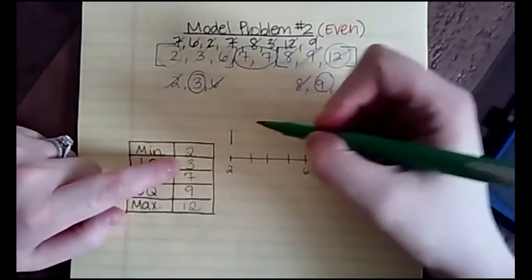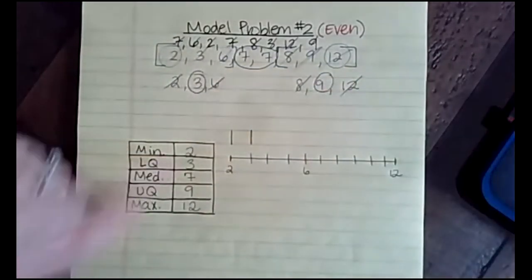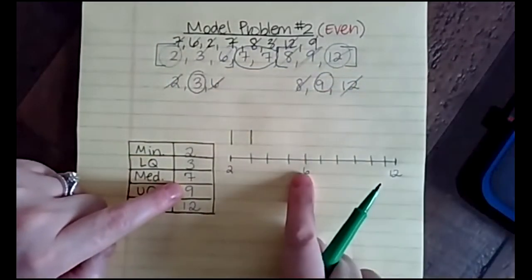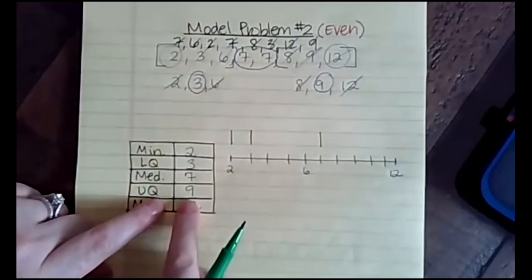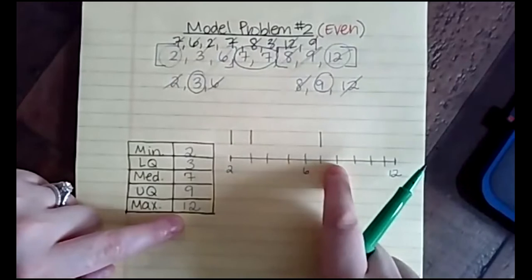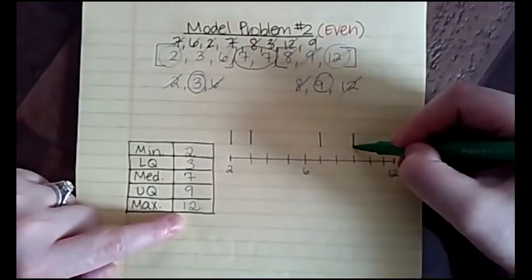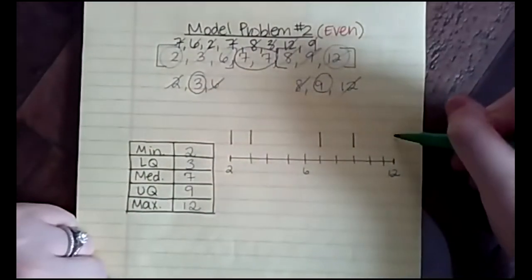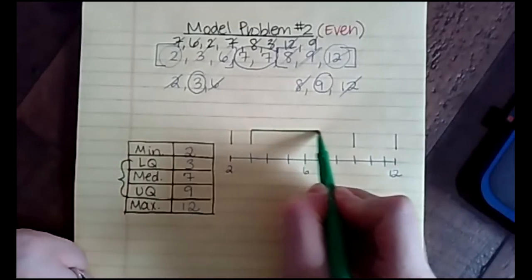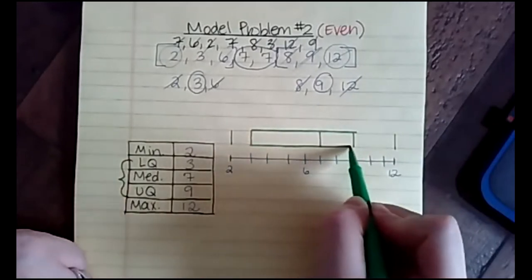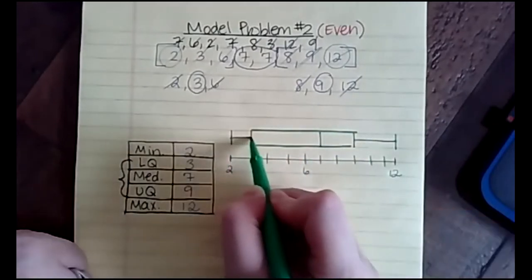Lower quartile 3, looks like it's right there. Median is 7, I have 6 here, so this has to be 7. Upper quartile 9: 6, 7, 8, 9. And then my maximum being 12. Now keeping in mind that these 3 are the only ones that connect, making my box, and then my whiskers.